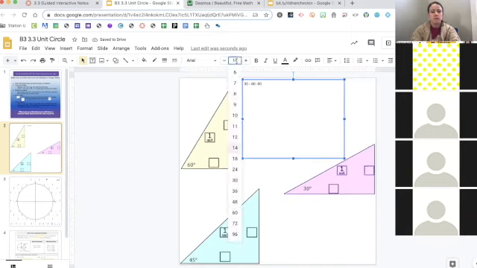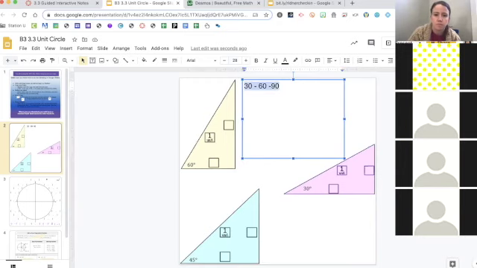On a 30, 60, 90 triangle, you have what's called a short leg, a long leg, and a hypotenuse. And they're all across from those angles. So the little angle up here, the short leg's across from it. The long leg is across from the 60-degree angle, and then the hypotenuse is across from the 90-degree.